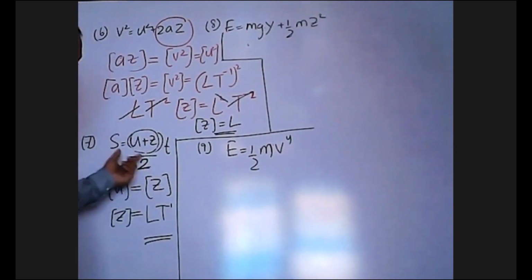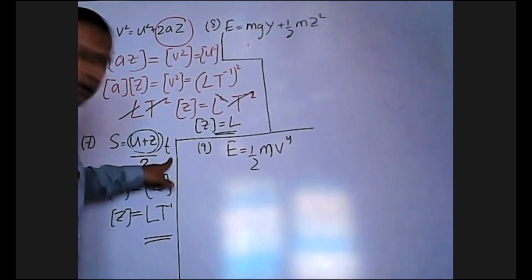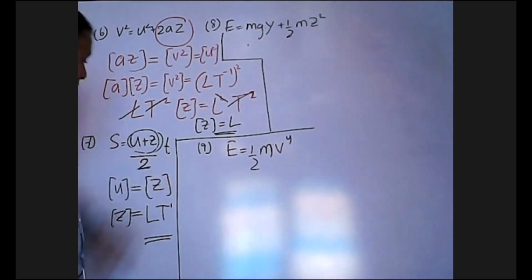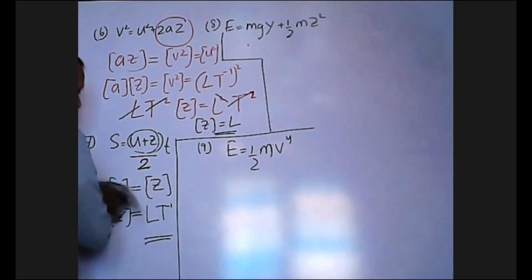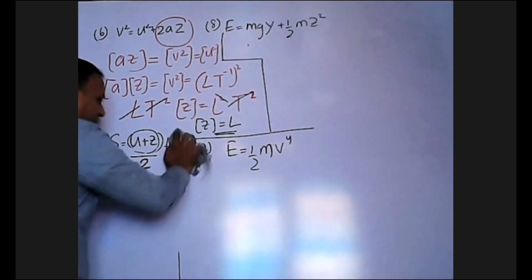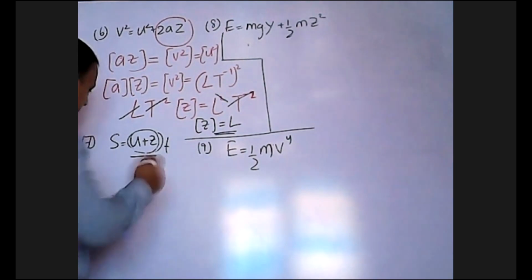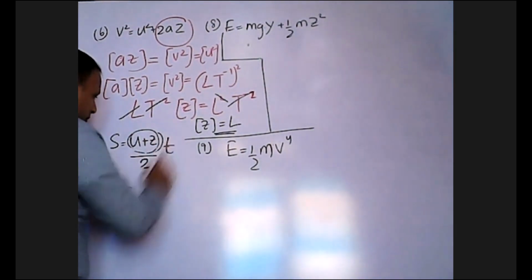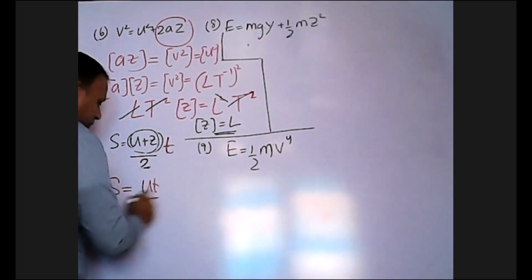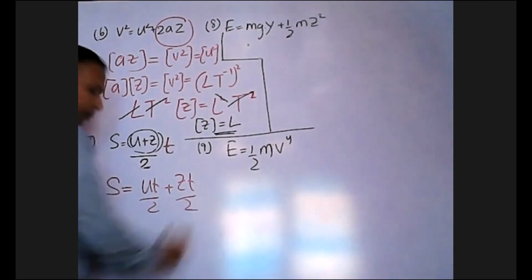No, Buddha. There's a T, no? There's a T. So if I expand this expression, look at this. If I expand this expression, then we will have ut over 2 plus zt over 2.